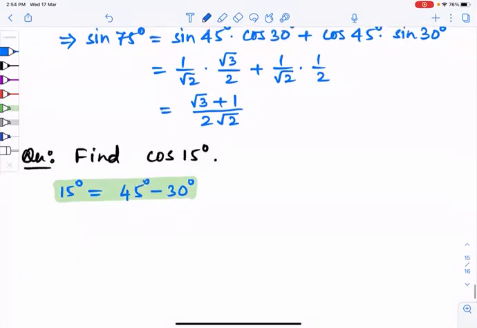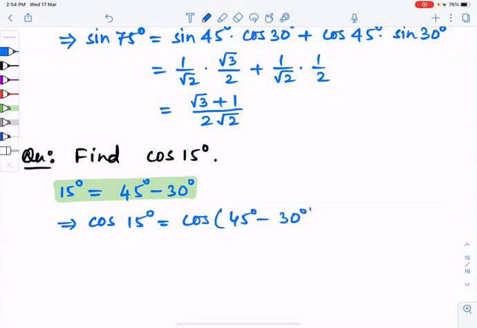So now I can apply cos: cos of 15 degrees equal to cos of 45 degrees minus 30 degrees, which is nothing but the cos A minus B formula, cos A cos B plus sin A sin B.